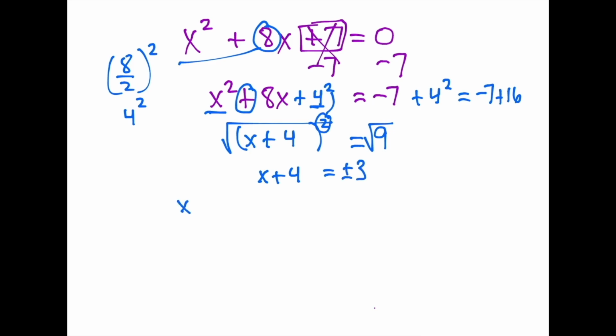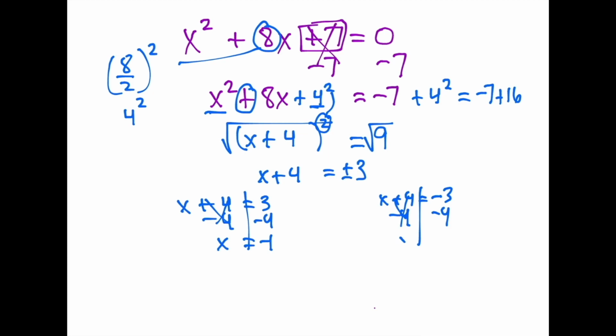The final step in finding your solutions is to take x plus 4 equals 3, and then x plus 4 equals negative 3. Now we can solve by subtracting 4 from both sides. That leaves us with x equals negative 1 and x equals negative 7. And we have our two solutions.